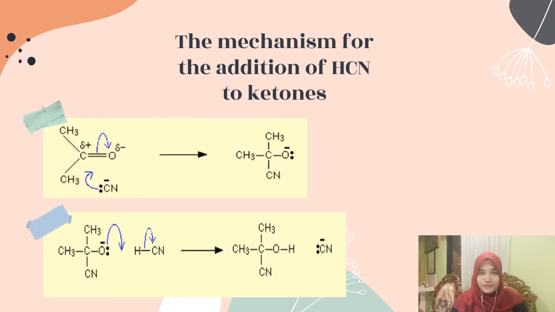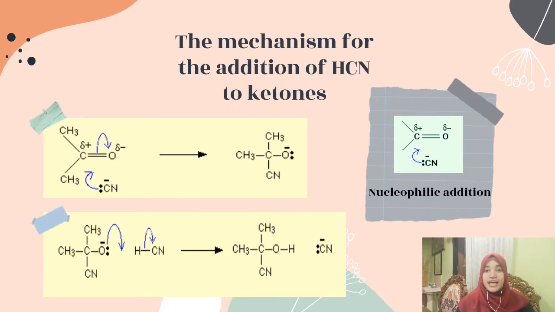So let's proceed to the mechanism. The mechanism for the addition of hydrogen cyanide to aldehydes and ketones I will give you separately, but there is absolutely no difference between them. So first, we look at the mechanism of the addition of hydrogen cyanide to ethanal.